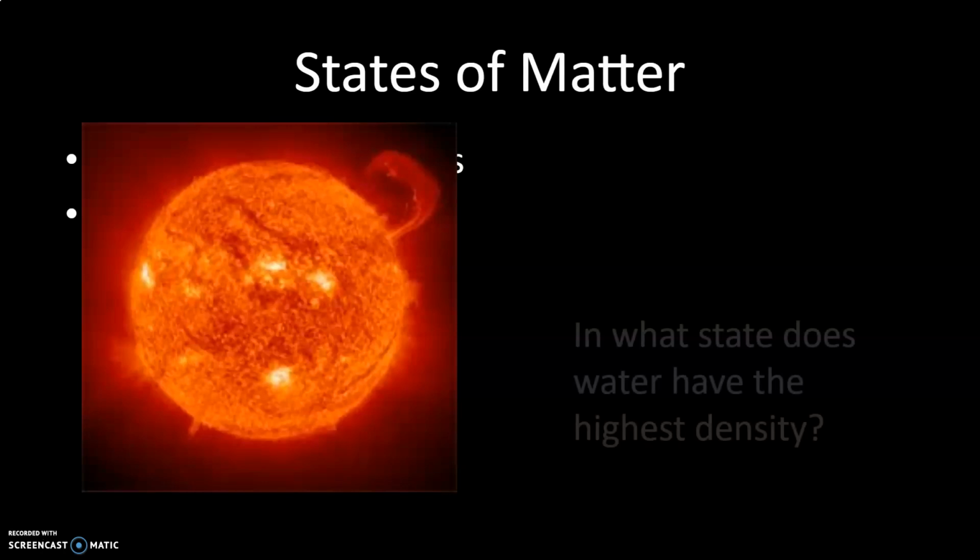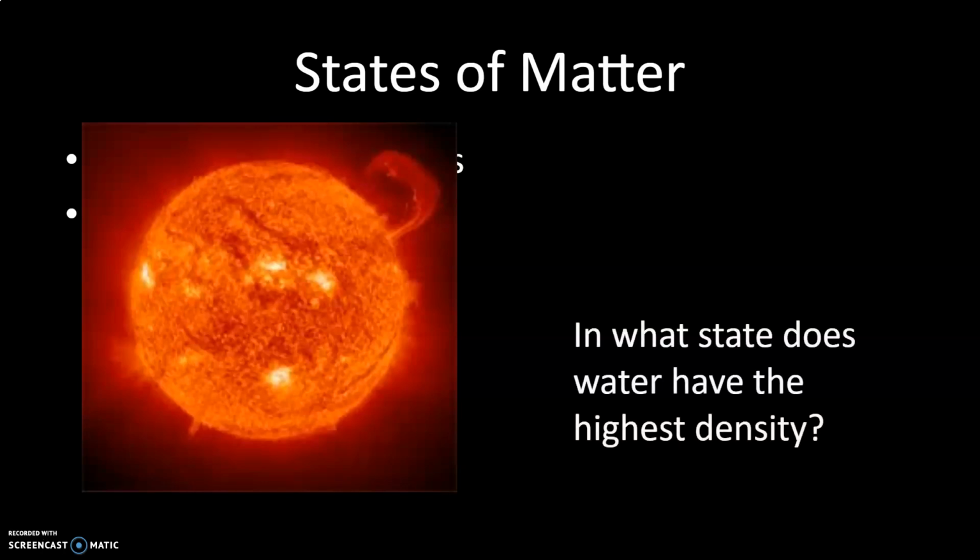Solids, liquids, and gases. Now, one little fun fact tidbit I will point out to you right now is, in what state does water have the highest density? The knee-jerk reaction is to say that it is solid, because that works for almost everything. But it's not true for water.